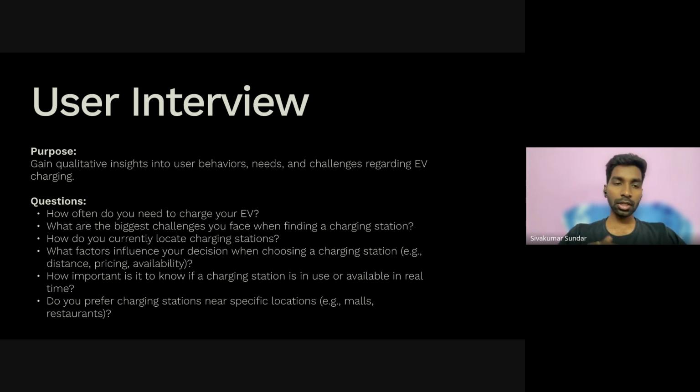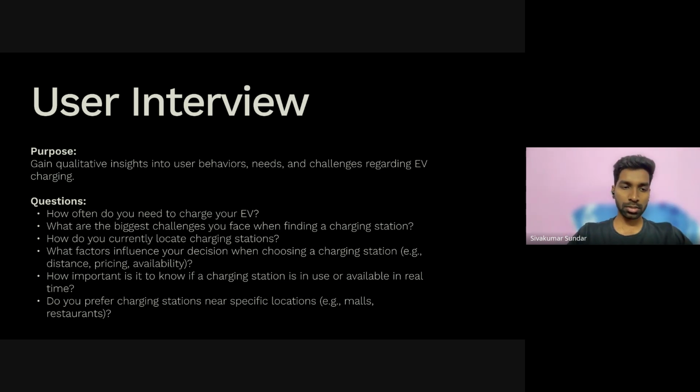You can come up with questions. So, for example, let's take this example. These are some of the questions that you might go and ask the users, be it students, professionals, or homemakers. You just go ask these questions to them. How often do you need to charge your EV? Why is this question important?